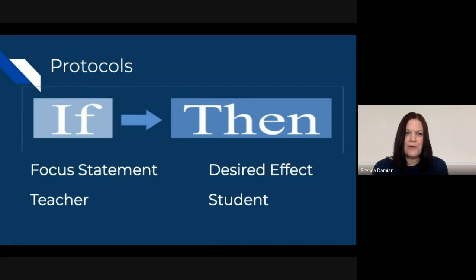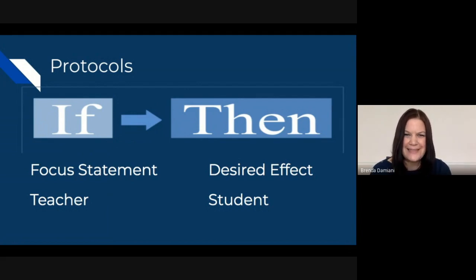So let's just remember, in the protocol, there's the focus statement and the desired effect. Going back to that art and science of teaching, this is the science. That idea that if the teacher engages in a specific instructional behavior, then the students will have the desired effect.